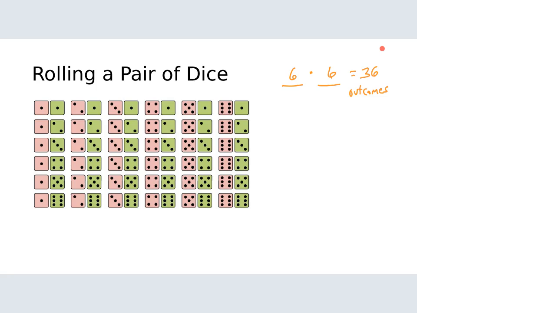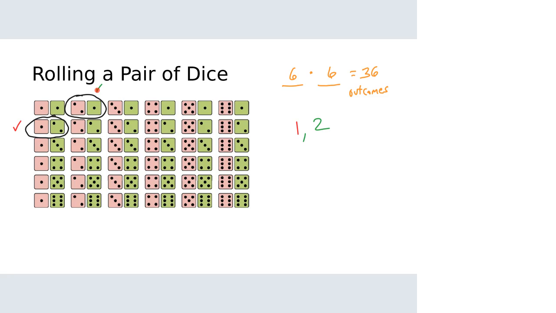One of the things that I want to make sure to point out to you here is this. When you look at this picture and you see there's a 1 with a 2 and a 2 with a 1, I want to talk about that for a minute because you might not recognize those as being different immediately. But if you look at those 2 different colored dice, on the red die this has a 1 and the green die has a 2.